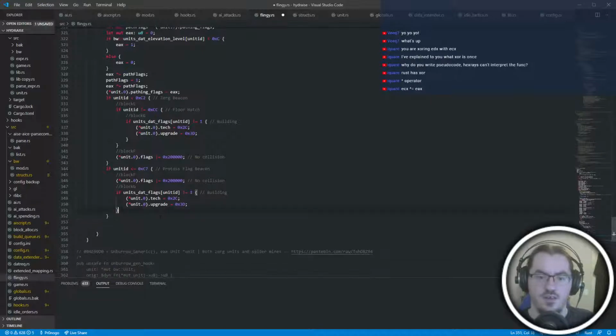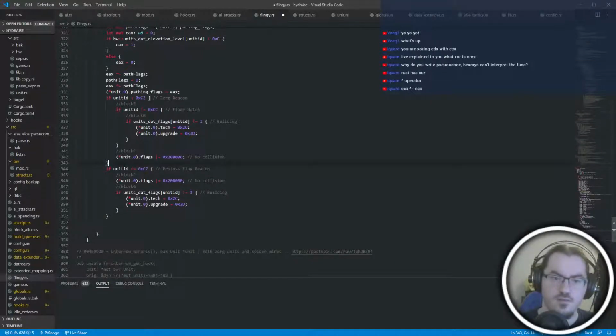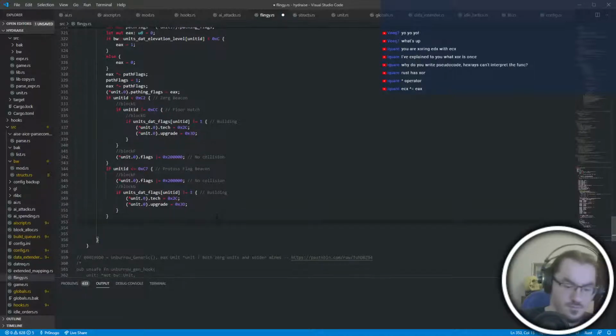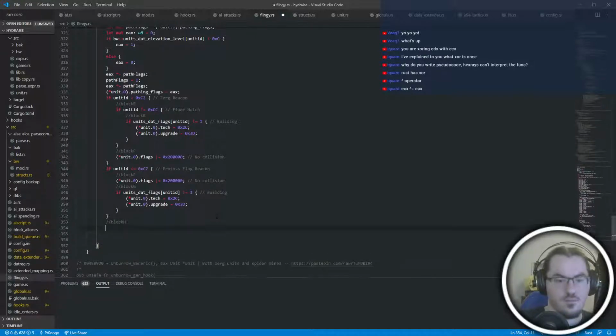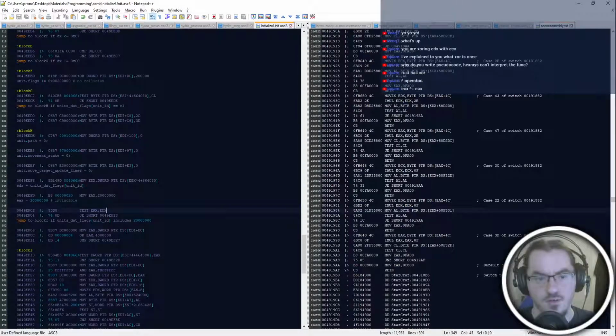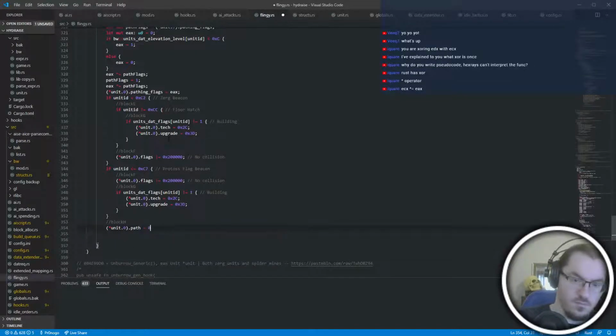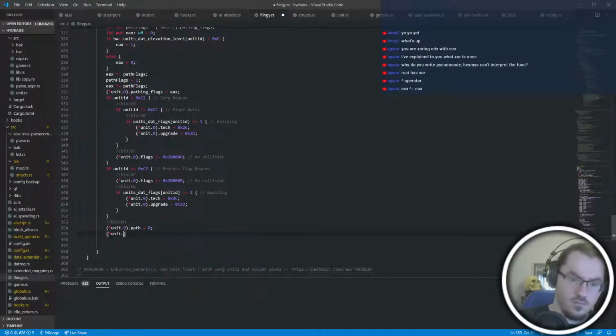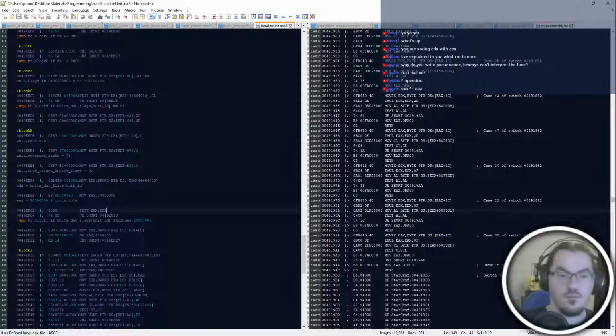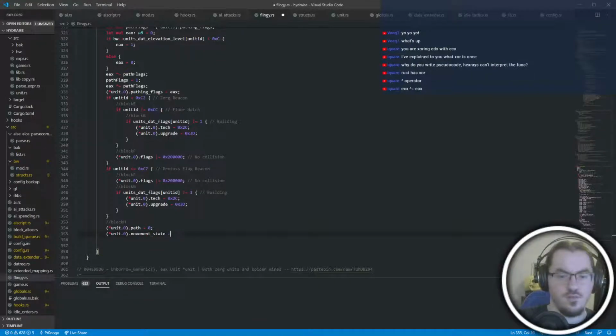And we can say this. Maybe that works better. Movement state 0.